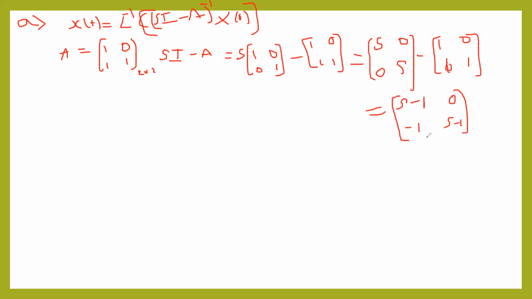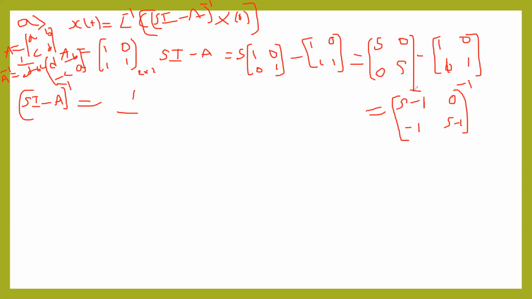Next, (sI minus A) whole inverse. We have already calculated sI minus A. For example, if the matrix is A, B, C, D, then its inverse is 1 by (AD minus BC) times D, minus B, minus C, A. The same applies for (sI minus A) whole inverse.